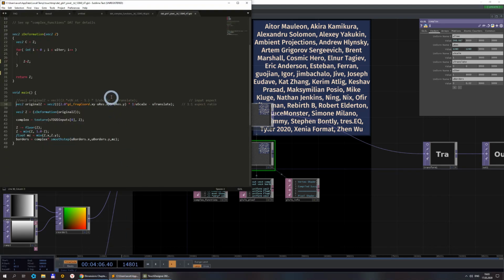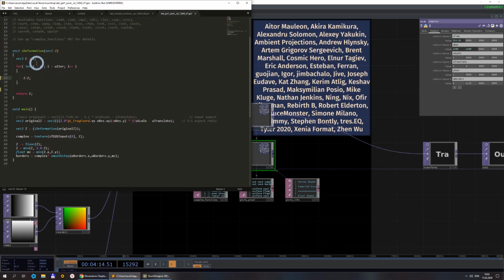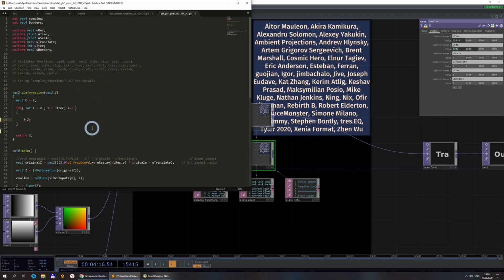And now let's open the code, and everything happens here in this function called Z transformation. Basically it does this transformation this many times in a loop. So now it does one transformation, and we don't have any transformation.